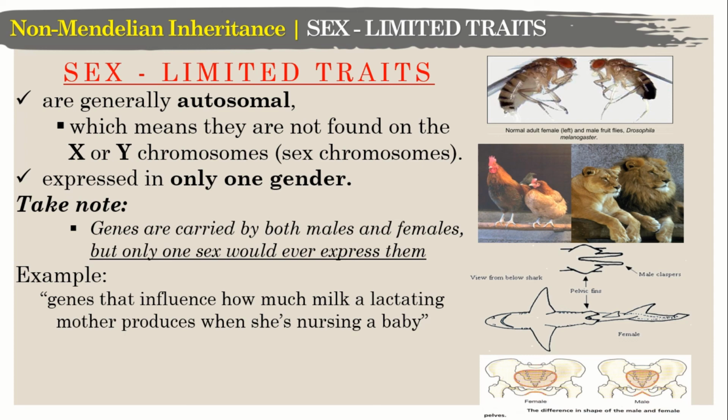However, it is more often the mother who expresses it. That is why sometimes you hear of a father breastfeeding a baby, because both of the genes are present. So it is possible, but the lactating gene is more often expressed in the mother. So I have an example here.